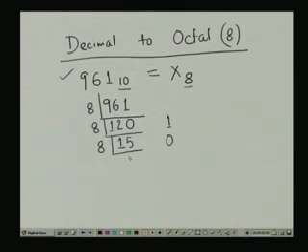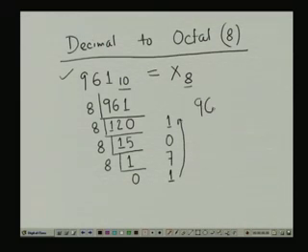Again division, now the remainder is 7. Again I do the division, so the quotient becomes 0 and the remainder is 1. Now if I take in reverse direction, 961 in decimal will be 1701 in the octal system.